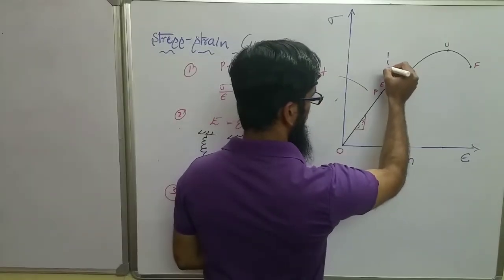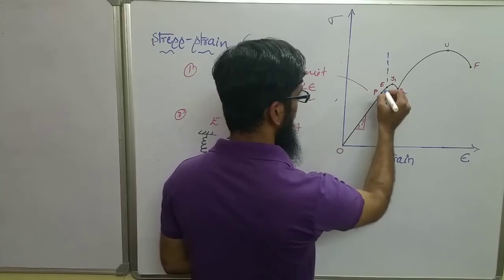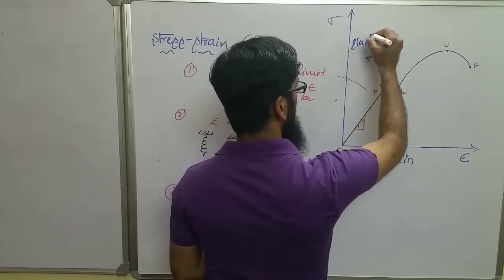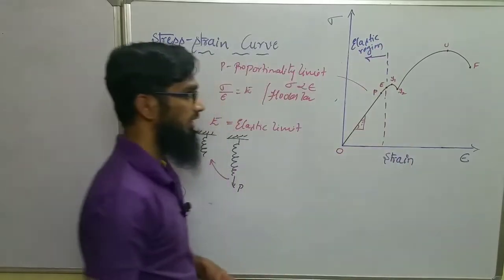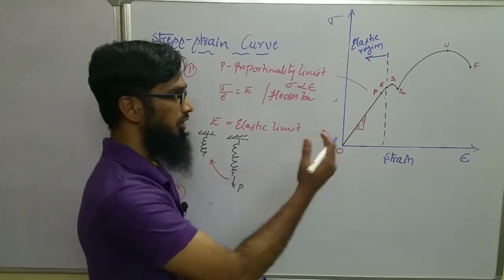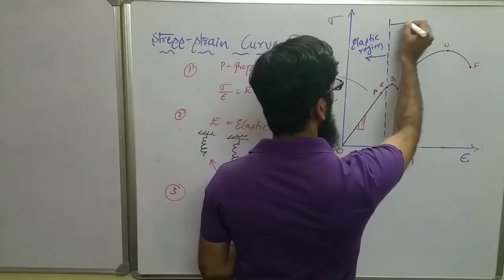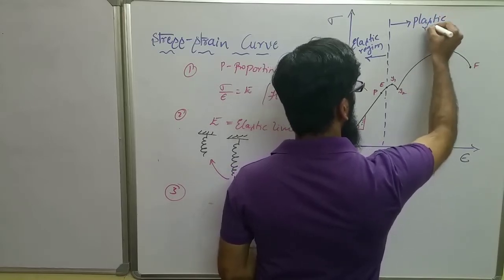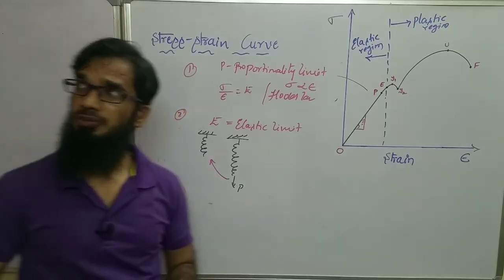The region to the left of E is called the elastic region. If you move beyond the point E, this is called the plastic region.